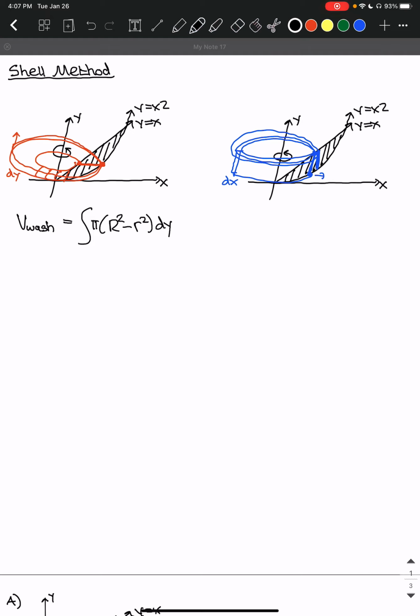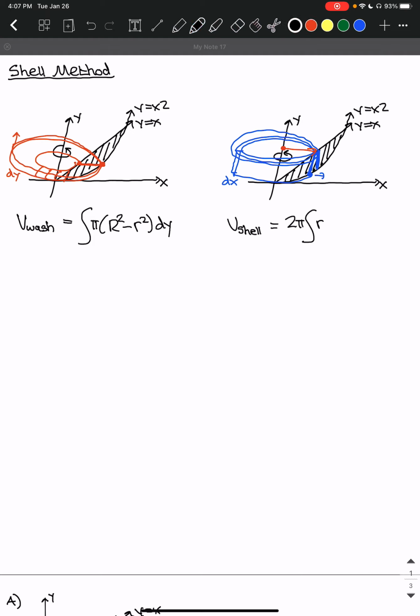Over on the shell method, on the other hand, I'm tracing out these cylinders. These cylinders essentially have a volume of their surface area times dx. So the surface area of a cylinder is its circumference, which is equal to 2 pi times the radius of that shell, the radius being the distance from the axis of revolution to the shell that we're drawing.